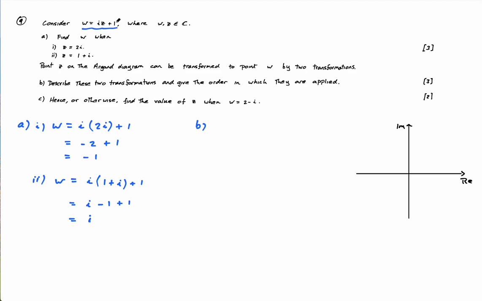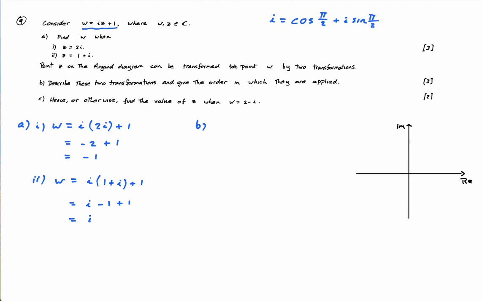So if we have a complex number z, and we multiply by the complex number i, well, i is equal to 0 plus 1i. So i is up there. So it's cos of pi over 2 plus i times sine of pi over 2.